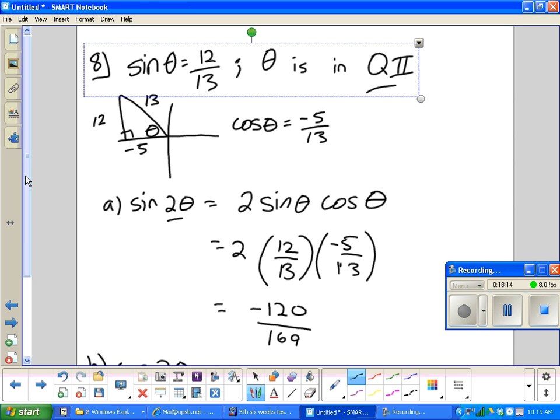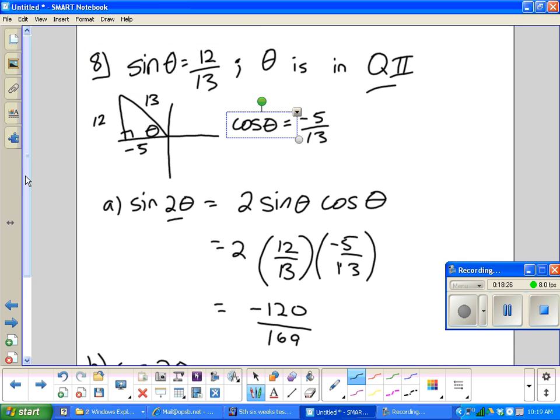Sine was given, wasn't it? So I could do that third formula without even having to draw the triangle. If I happen to have missed the cosine ratio, I would still get the double angle for cosine correctly because I would be using what's given instead of what I found.